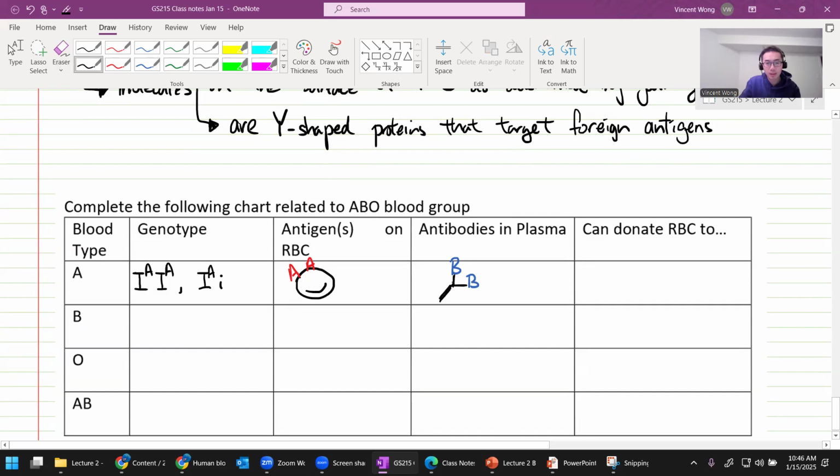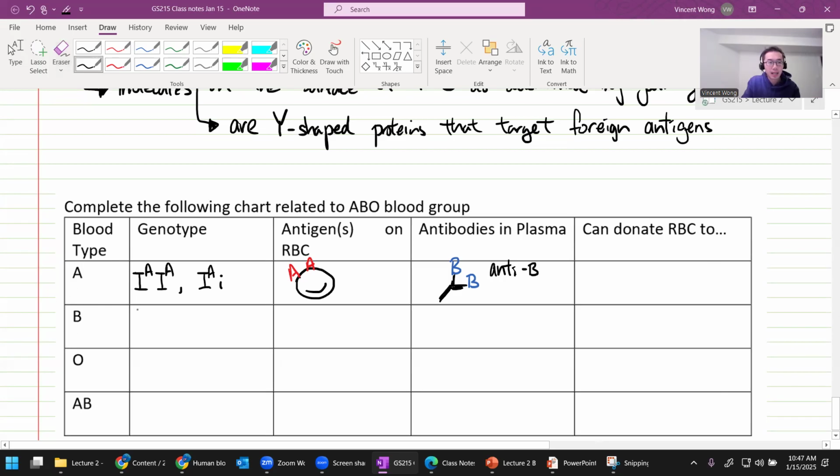They are Y-shaped. They literally are. That would target B. So we call this anti-B antibodies. In other words, they attack anything that has a B on it. So for that reason, if you have type A blood, you cannot receive type B blood. Your antibodies will attack and reject them. More on that later. I'll fill in the last column later.